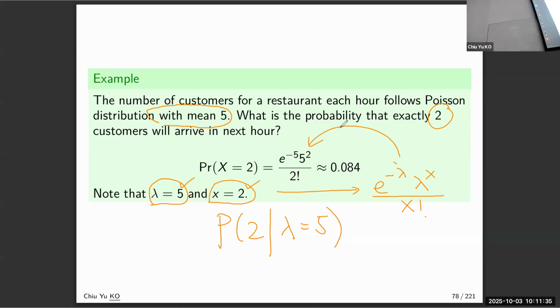You can go as many as you want. So that is a good thing compared to binomial. Binomial, you need to know how many customers would come at the maximum. But now with Poisson, you don't have to worry about that. You just need to know on average how many customers would come, then we're done.